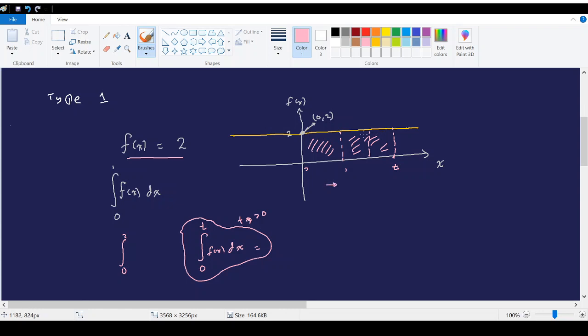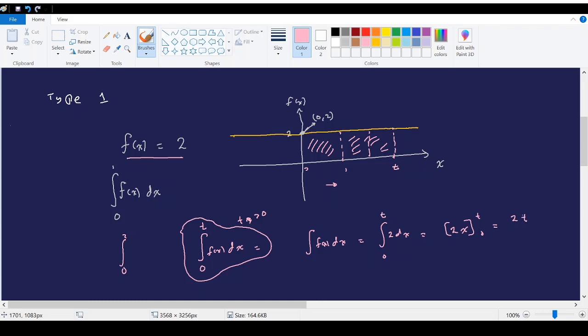Now let's try to compute this integral. The integral of f(x) dx means the integral of 2 dx, and that means 2x, and with the lower limit and upper limit, it will be 2 times t.